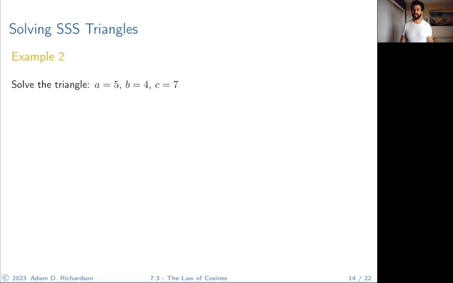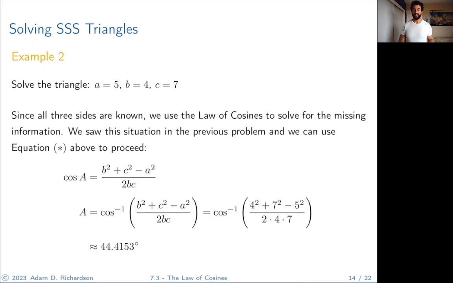Okay, here we go. Let's do it together. We know all three side lengths. We're going to use the law of cosines, and this is where we're going to use that starred equation from the previous example. In the previous example, we were able to find that cosine of an angle, we'll say angle A, is given by this expression. Remember, we know A, B, and C, so we can fill out this formula.